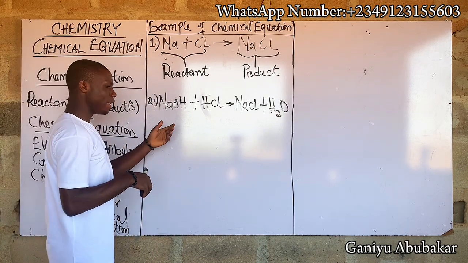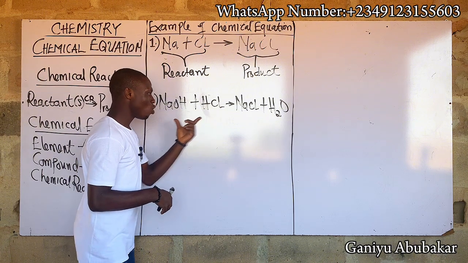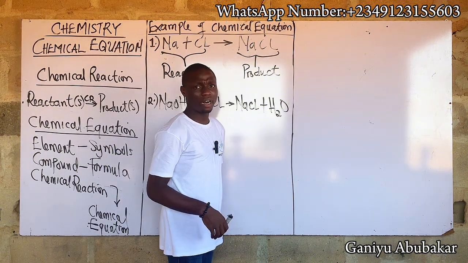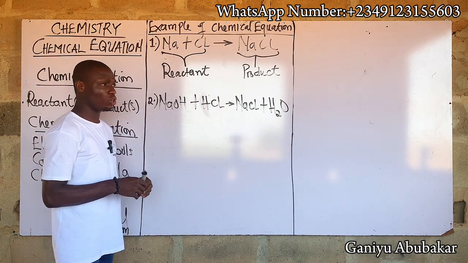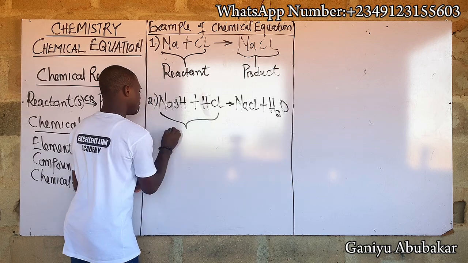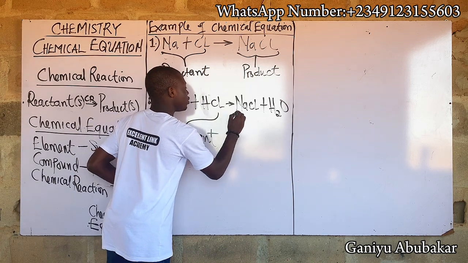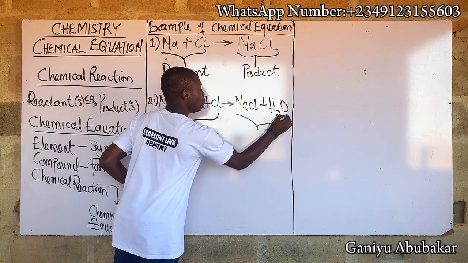This is an example of a compound and a compound combined together to form several higher compounds, right? This is an example of a chemical equation. So note that these two that are combined are called the reactant, while this result is said to be the product.